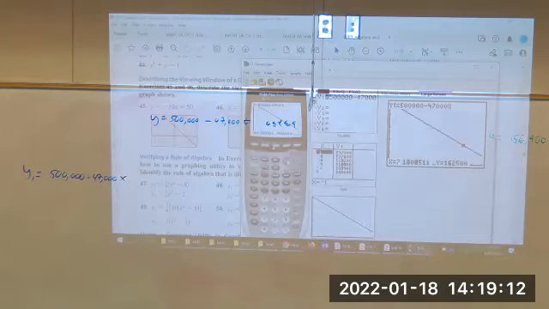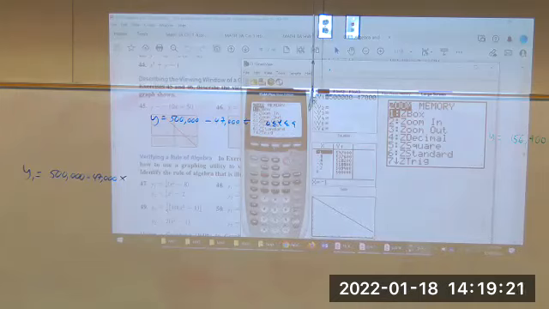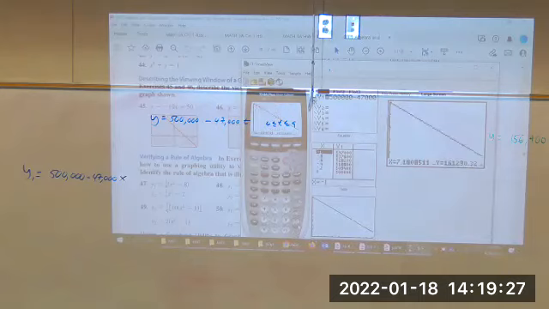So you hit zoom, and all you got to do is hit zoom in. It's going to zoom in where your cursor is. So I'm going down one. I'll zoom in where my cursor is. And so 7.1, I want 156.